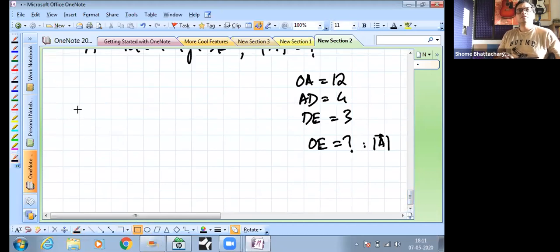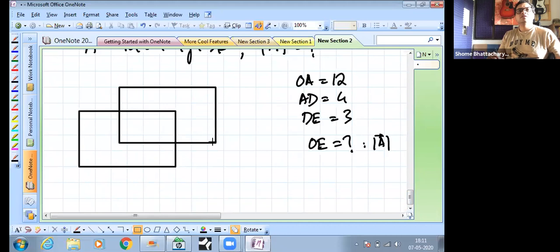I am just drawing this slightly differently now. This point was O, this point was E, this point was D, and this point in front of me.